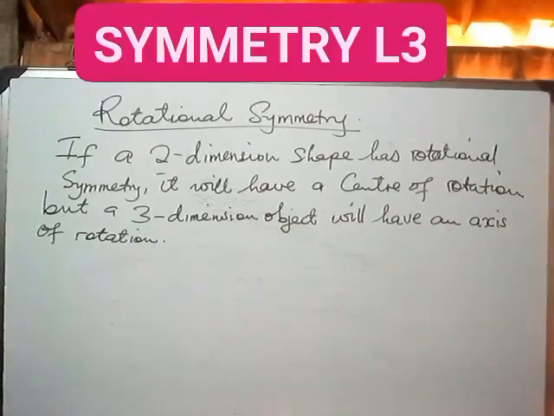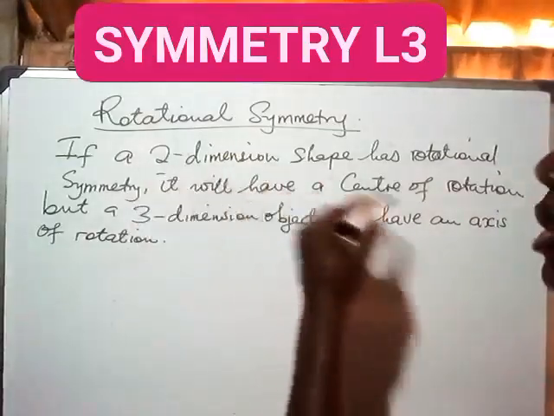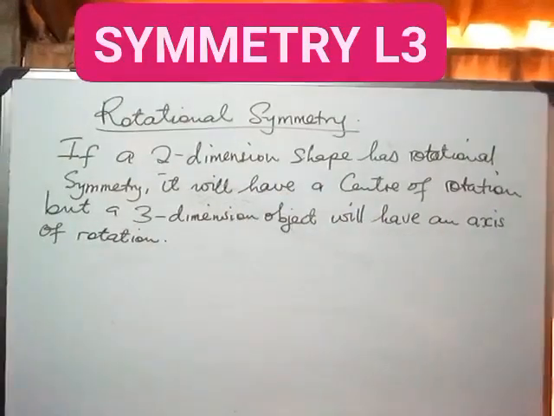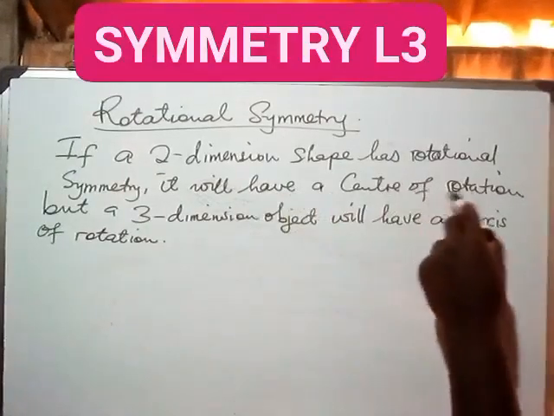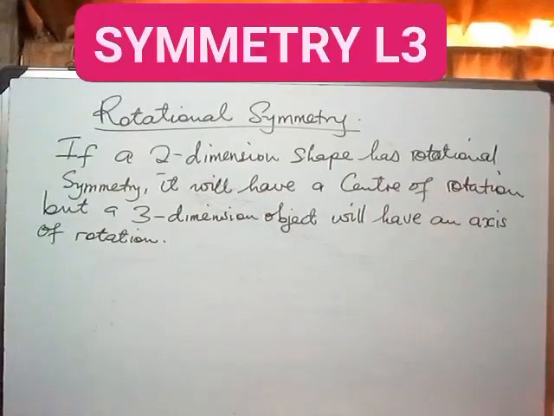So we are told that if a two-dimensional shape has a rotational symmetry, it will have a center of rotation, but a three-dimensional object will have an axis of symmetry.